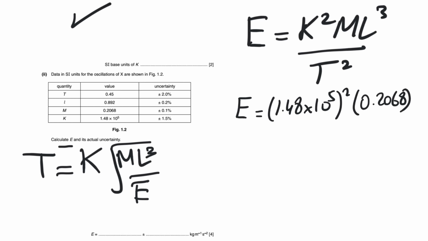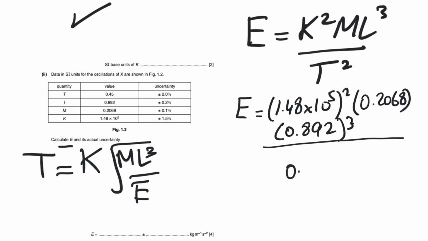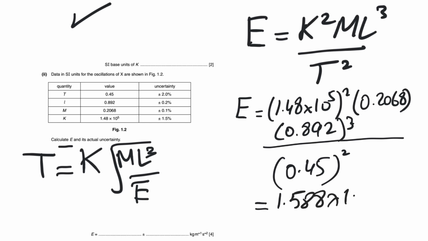Then you put L cube, which is 0.892 whole cube, divided by T square, which is 0.45 whole square. When you plug in these values, you end up getting the value of E as 1.588 times 10 raised to the power 10. I've done it in the calculator. You can also check it later. 1.588 times 10 to the power 10 is the value of E. So that's one part solved.